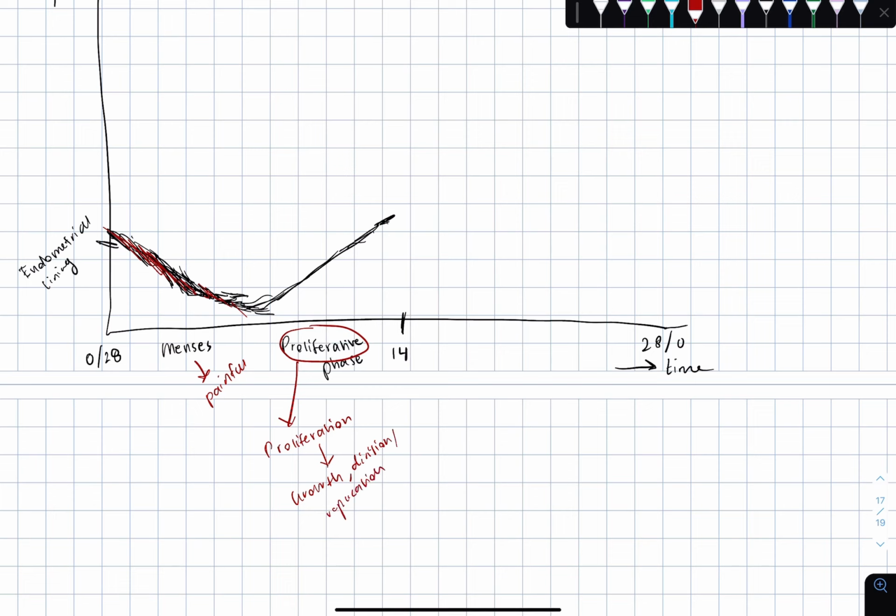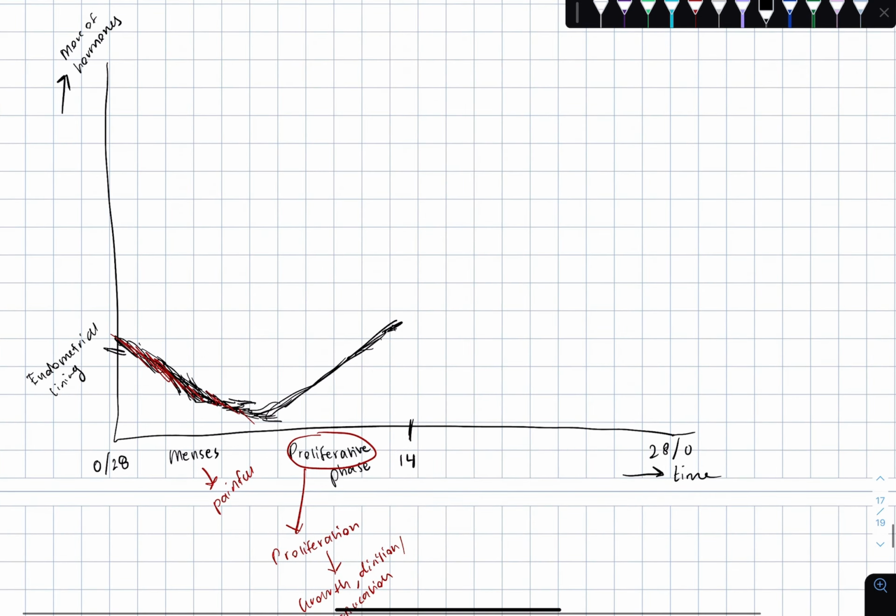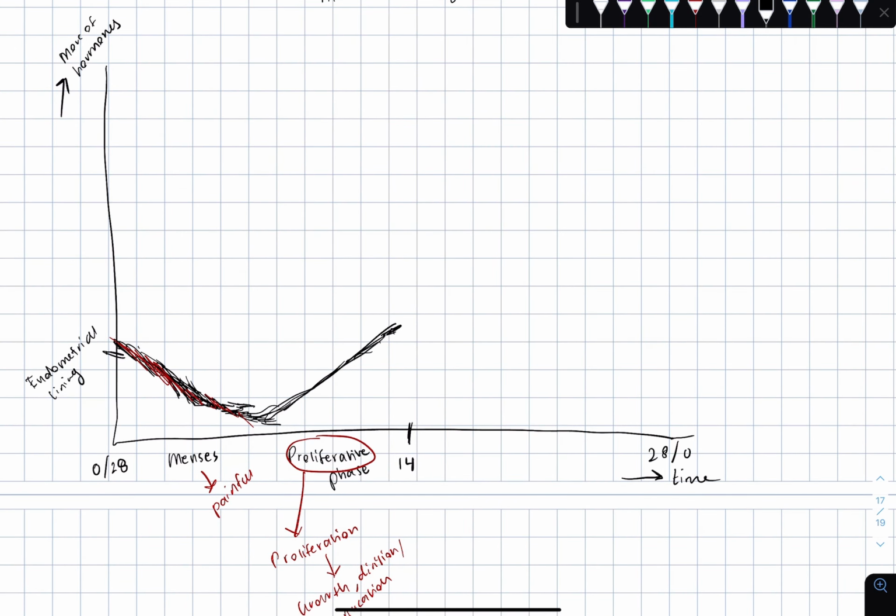So we can think of the proliferative phase as one where the endometrial lining is growing again. It's thickening again.